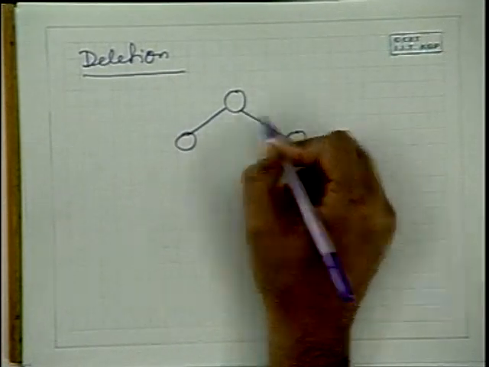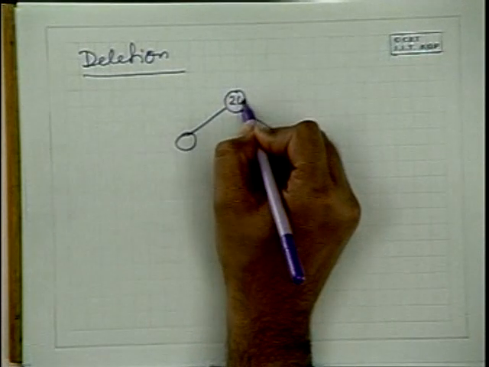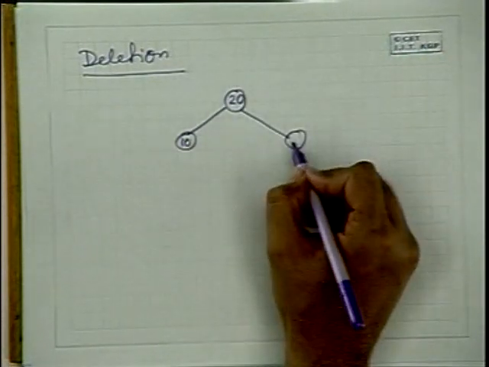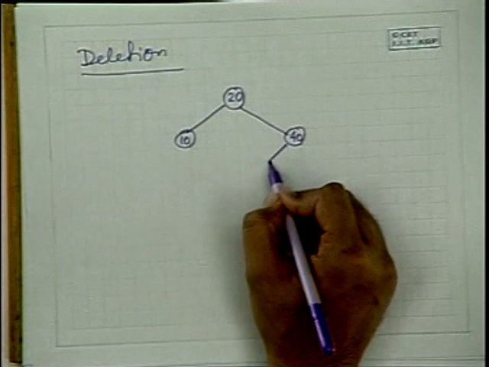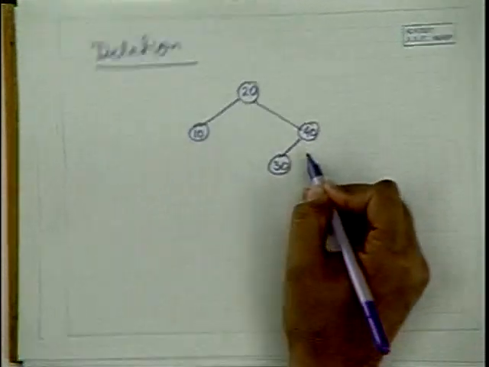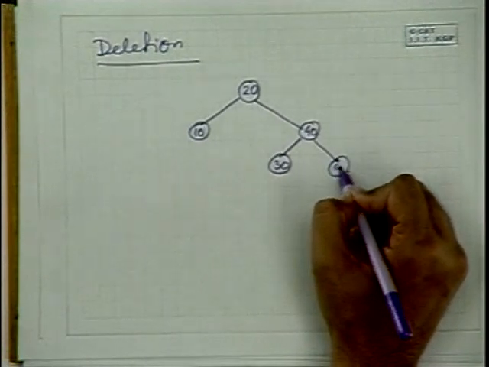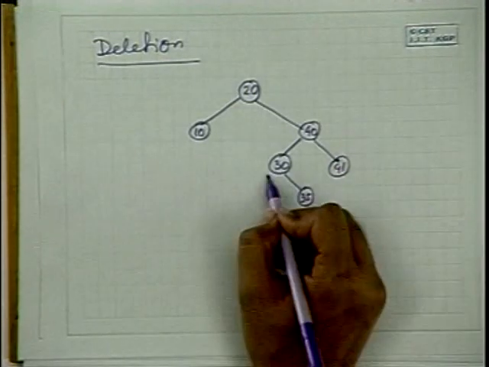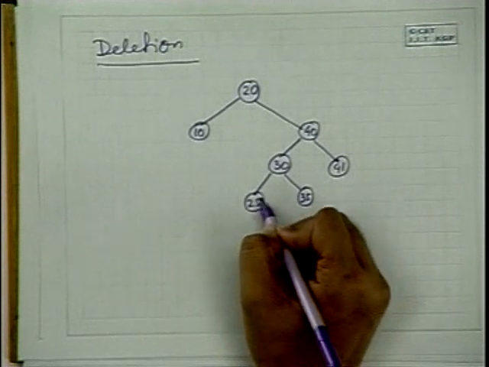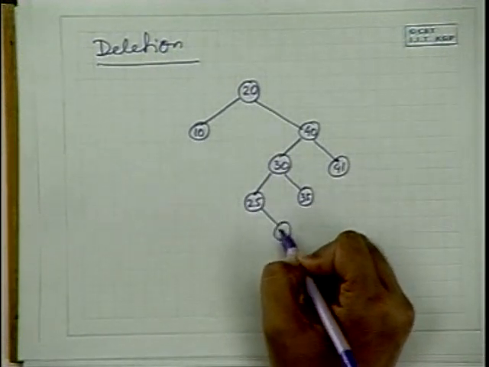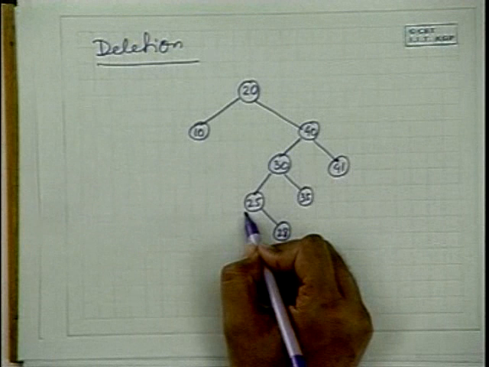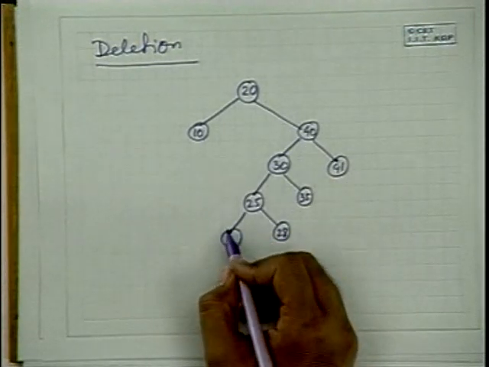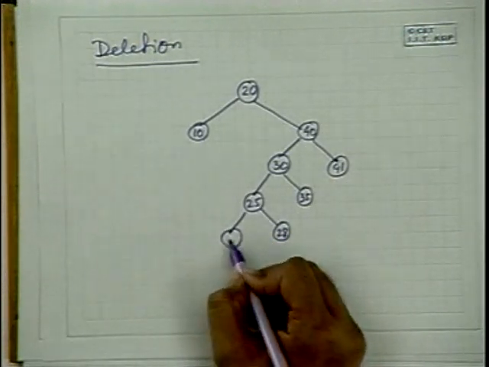So I am drawing one. Say this is 20, 10, 40, 30, 41, 35, 25, 28. Say this one is 24.